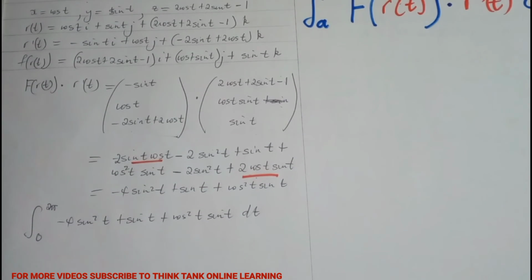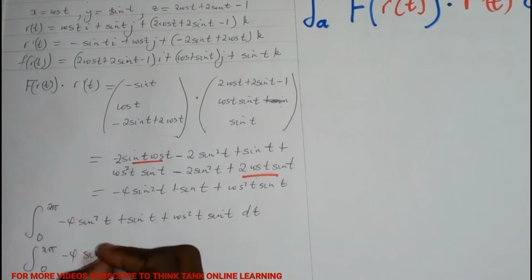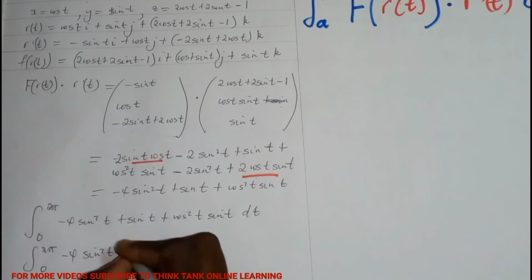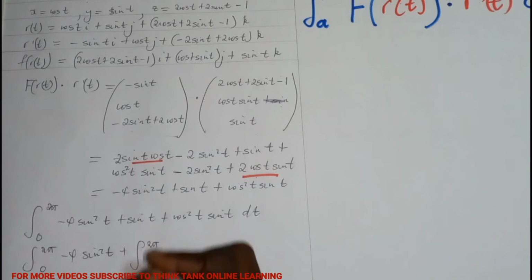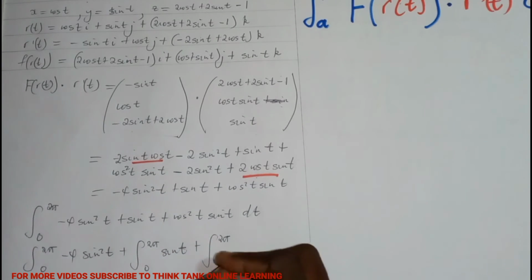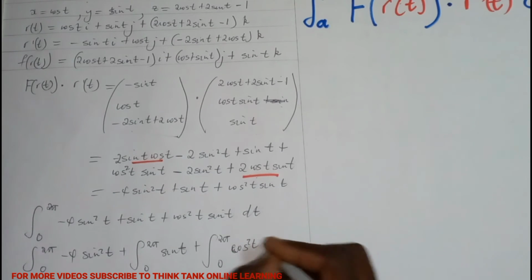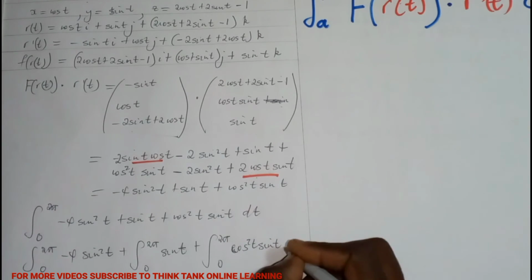Okay, so here we have a trigonometry problem. What I'm going to do is split my functions. This is the same as saying the integral from 0 to 2 pi of negative 4 sine squared t, plus the integral from 0 to 2 pi of sine t, plus the integral from 0 to 2 pi of cos squared t sine t.